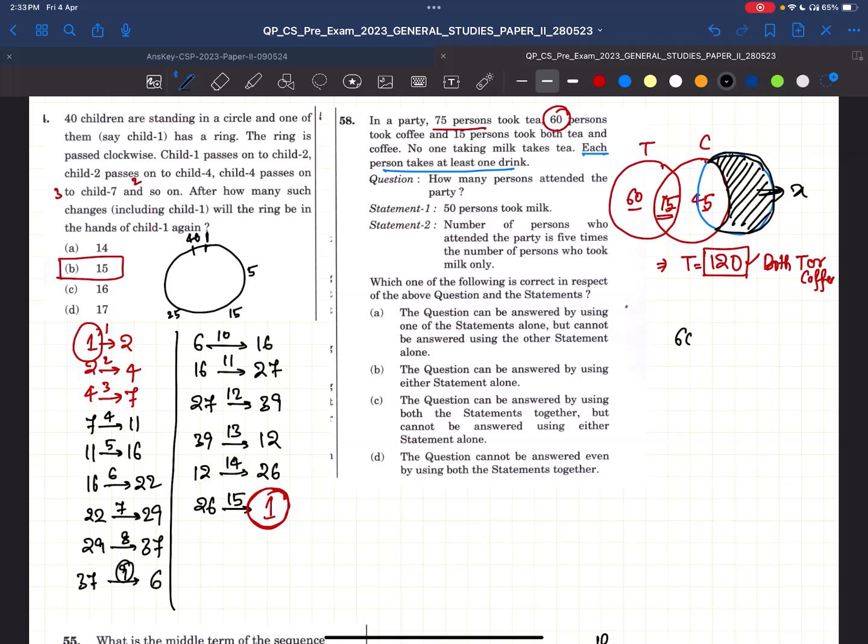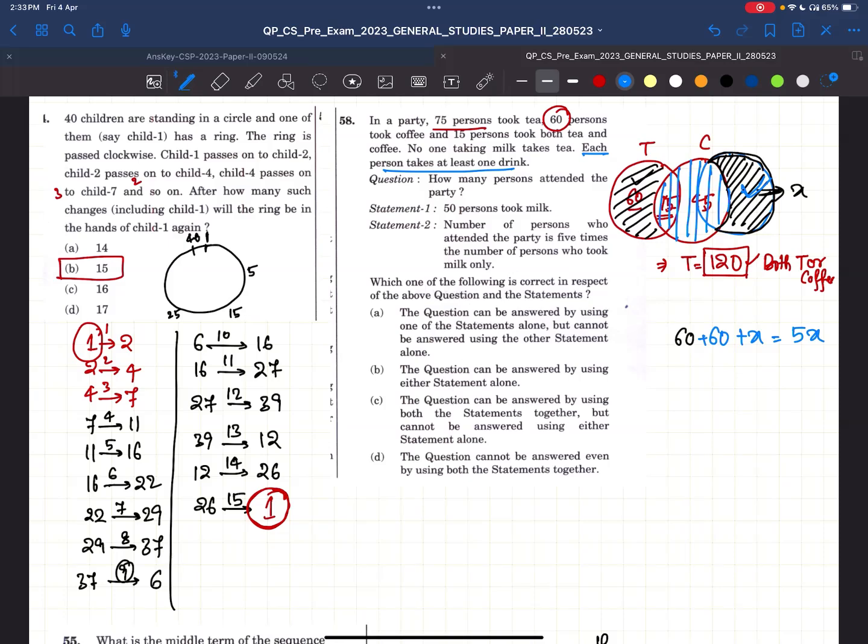That means this portion, 60 plus 15 plus 45, that is 120, plus this x, the milk only value, is equal to 5 times the milk only.